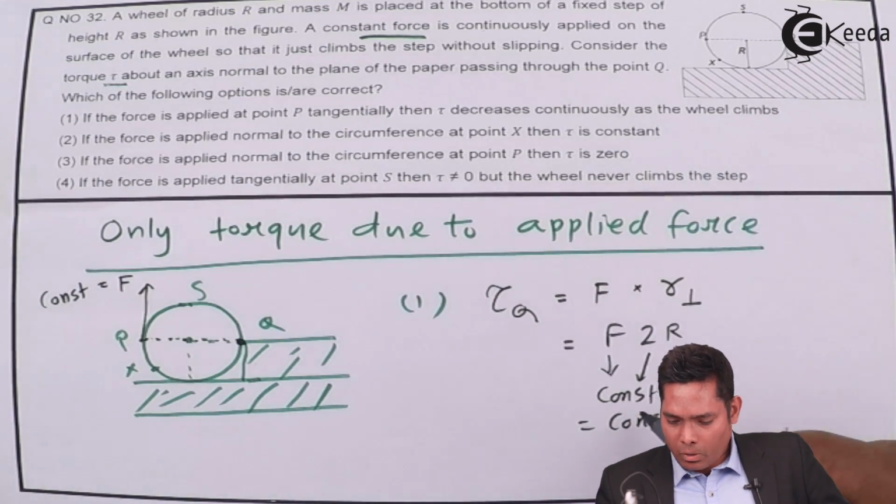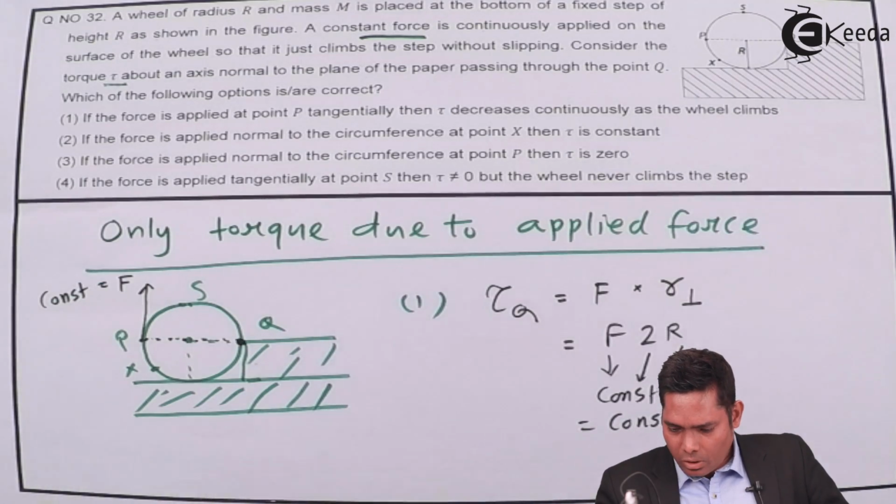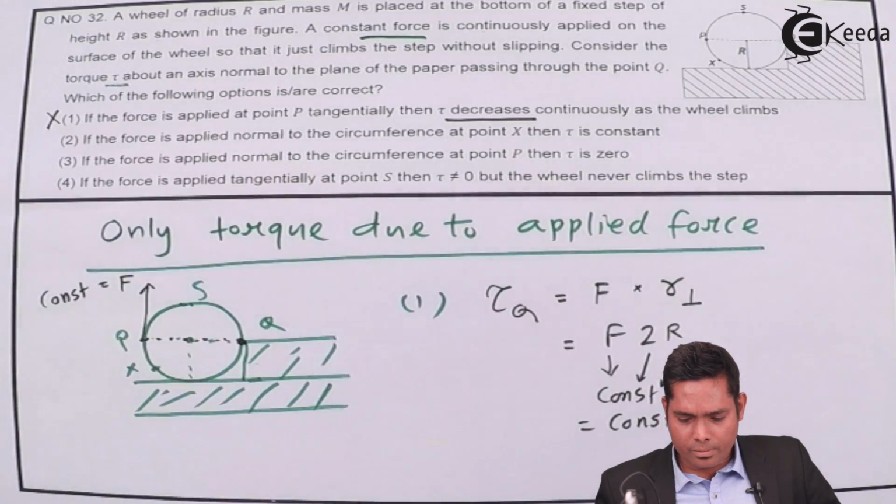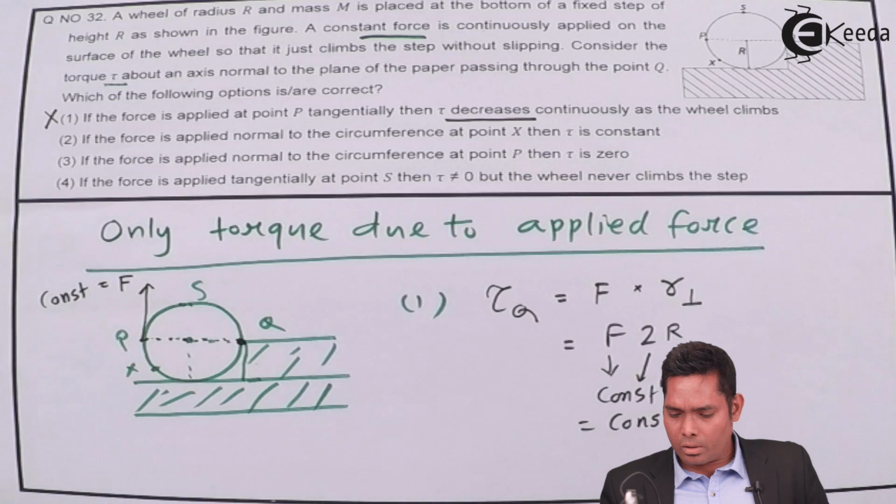So the torque will remain constant, but the option says the torque decreases. Here the torque is constant, so option number 1 is not right. It is a constant torque and it will not decrease.